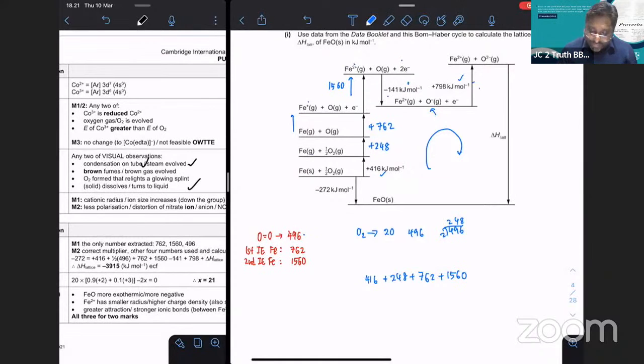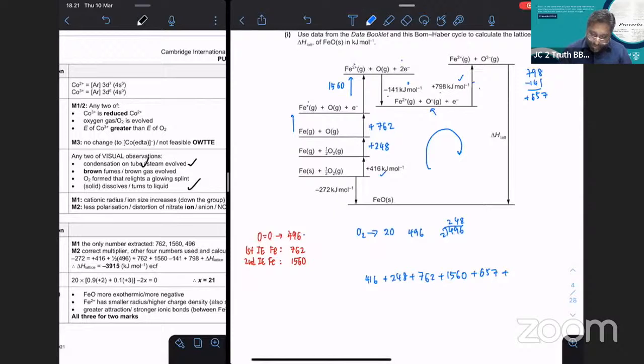So here is 798, and then negative 141. I will have a positive value which is going to be 657, which is going to go up. So I'll just put clockwise, 657, and then this is the lattice energy.